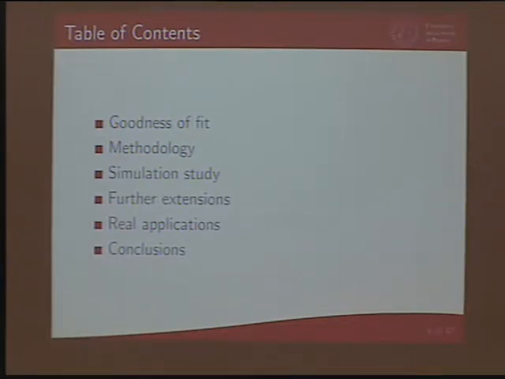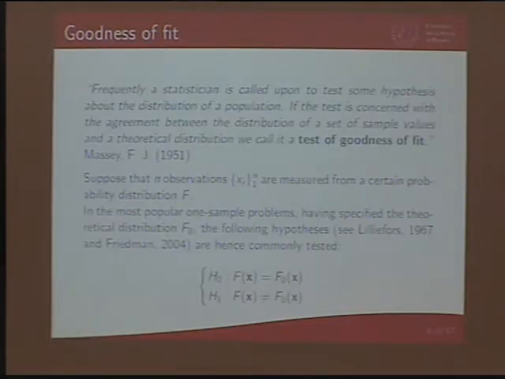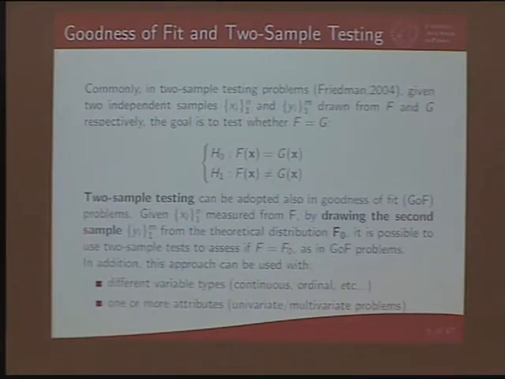So this is the overview of the presentation, and of course the problem is the one you all know very well. Goodness of fit problems can be introduced like that, and if you go with two samples, then you can also use two-sample tests to approach a goodness of fit testing problem, assuming that you are drawing the observations from the reference sample, and you consider this reference sample as a second sample.